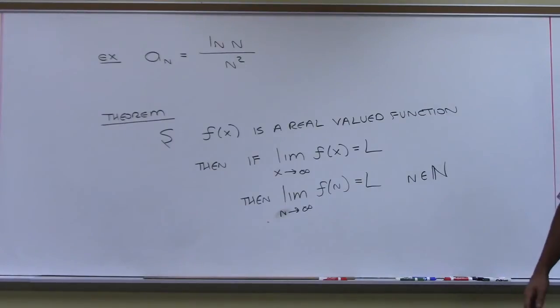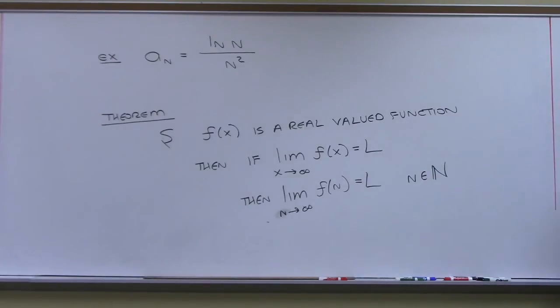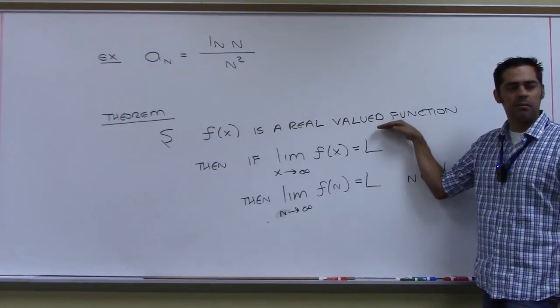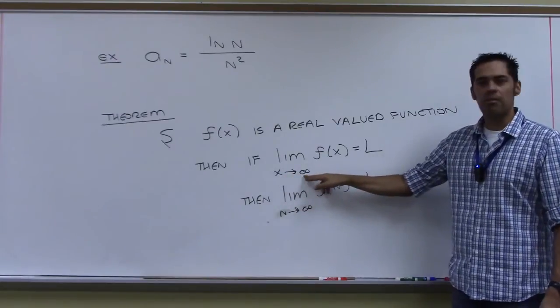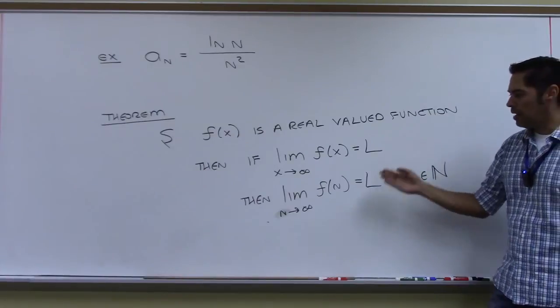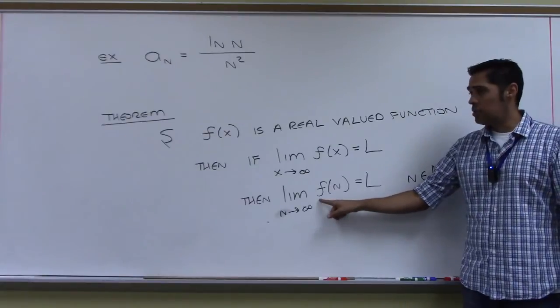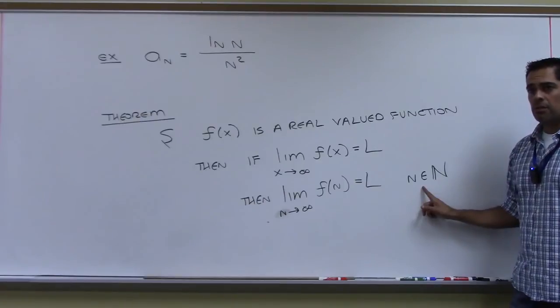Can anybody explain what this theorem is saying, like visually? Does anyone understand what any of that means? F is a function where x can be any number. I look at what happens as x goes to infinity, and it turns out to be some number L. The conclusion is that the same function restricted to just the natural numbers must do the same thing.